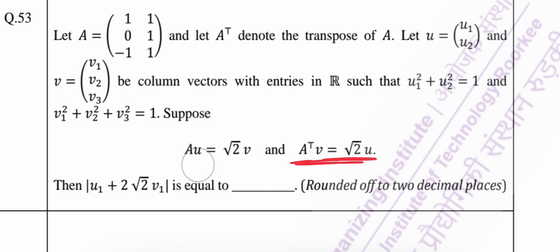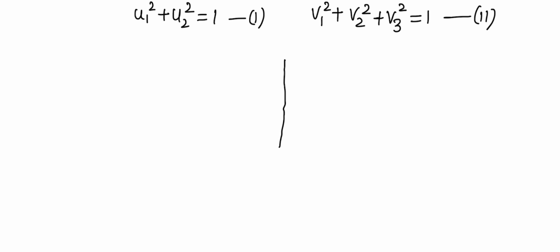Okay, so on the first side I write the first one, and that was AU equals root 2 V, and in the second part it was transpose of A, and V equals root 2 U.